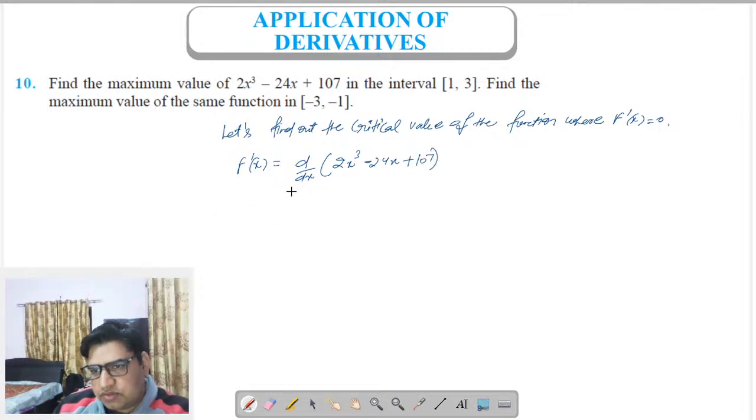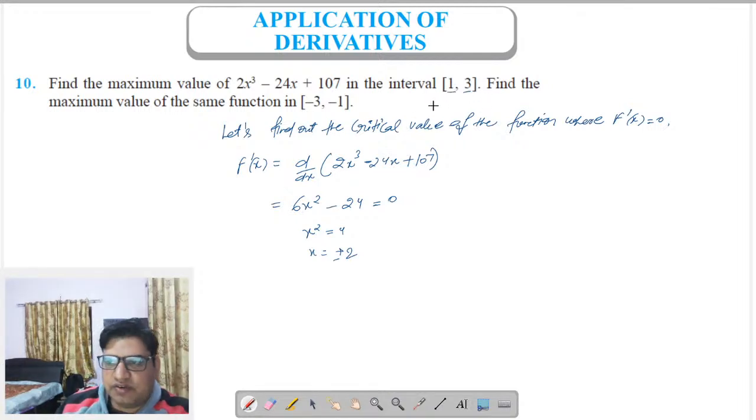Let's solve this further, so that will be 6x square minus 24 is equal to 0, and from here we get x square is equal to 4, and the value of x will be plus minus 2. These are the two critical points. So we now have two critical points and the end points of the interval, 1 and 3.